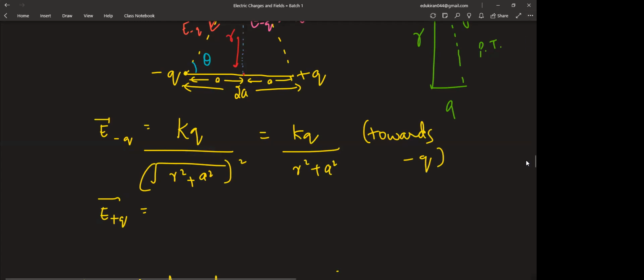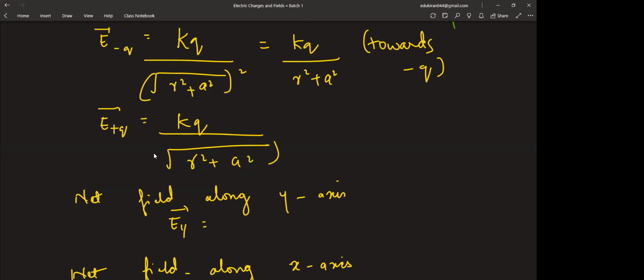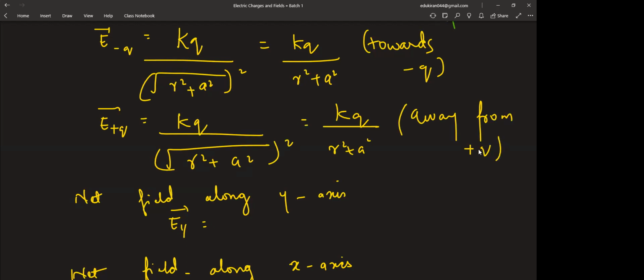And similarly, when we'll be writing about this E plus Q, it will be K, Q, same separation, R square plus A square to the power whole square, equal to KQ by R square plus A square. But this time, this is away from plus Q.